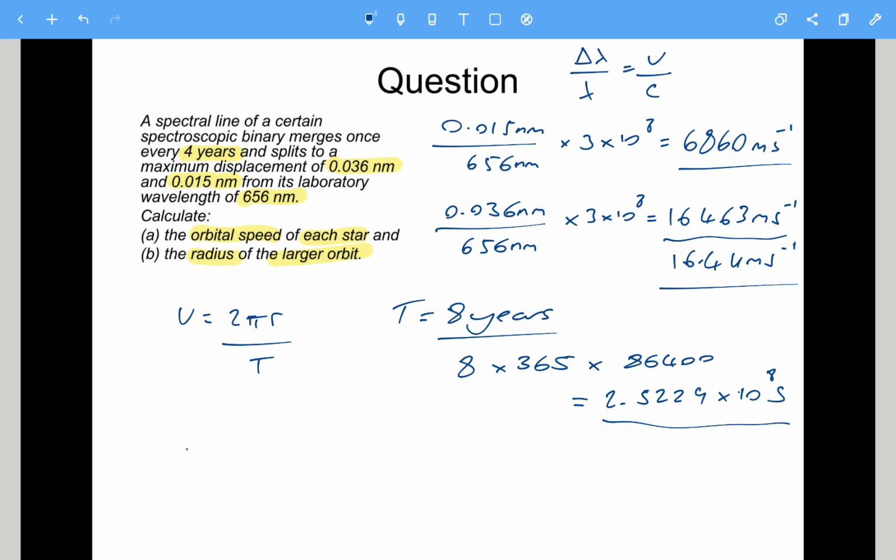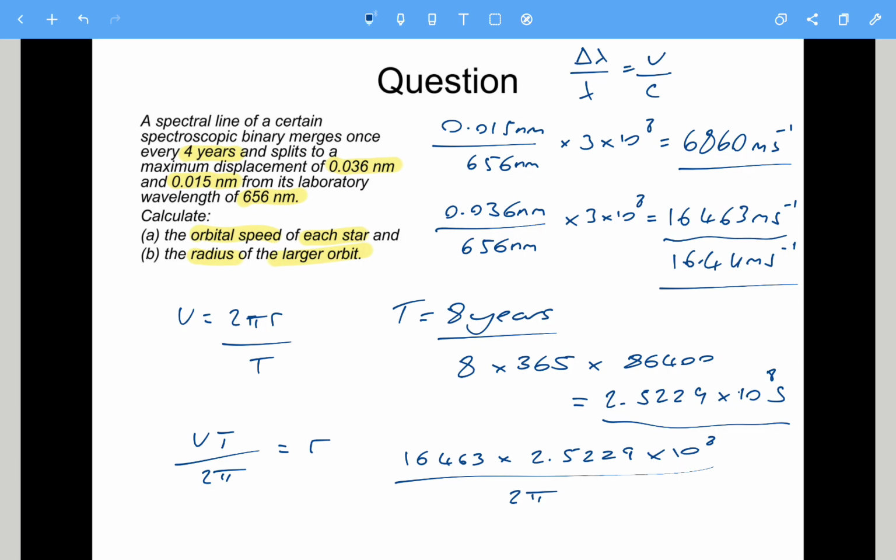Then we do v equals 2 pi r over t. I'll just rearrange it for r. So vt divided by 2 pi gives us the orbital radius. So the velocity of the larger orbit, 16,463, times the time period, 2.5229 times 10 to the power of 8, divided by 2 pi, will give us the radius.